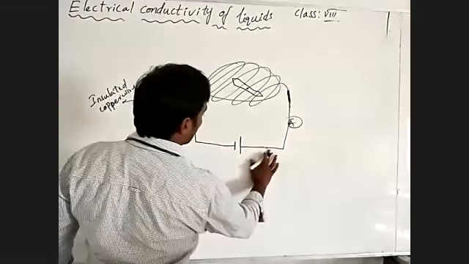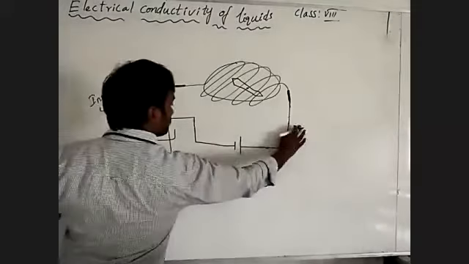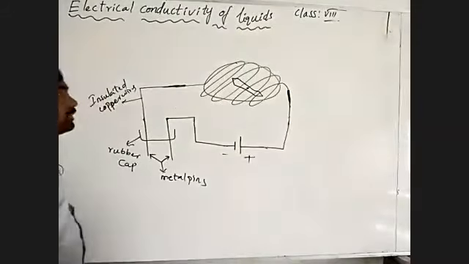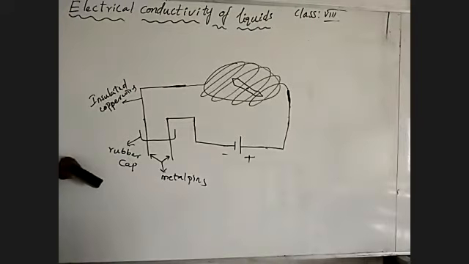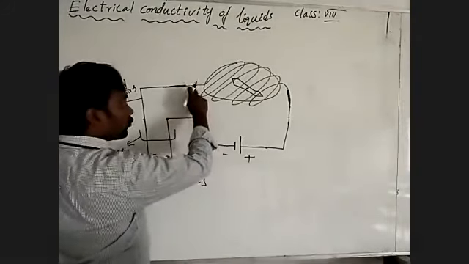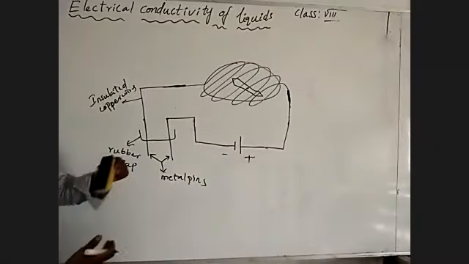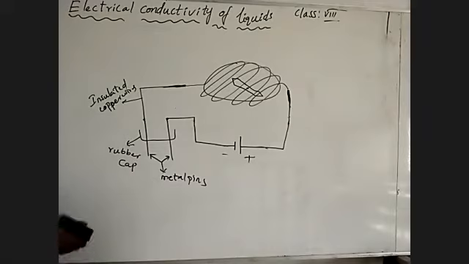See here. This is the negative terminal, this is the positive terminal. From here, we made a number of rounds, a number of wounds, which in Telugu we call chutadam.